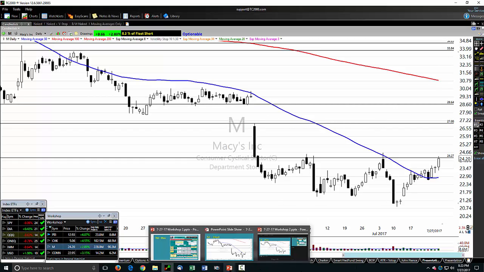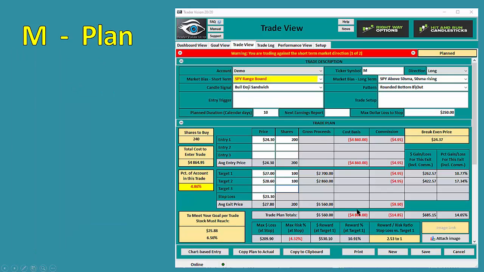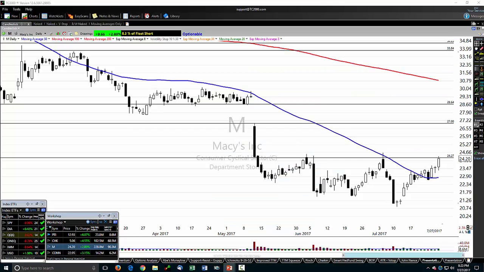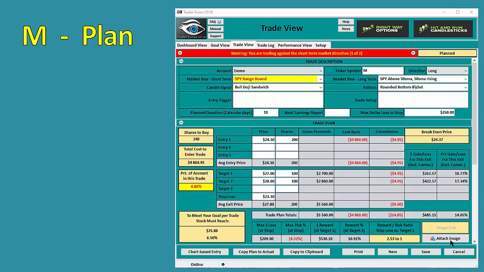So what does that plan look like? We're looking at a 24.30 purchase, which is about 3 cents above that resistance. $27 is the first place we're going to take any off, and then $28.60 is where we're going to take the rest of it off.